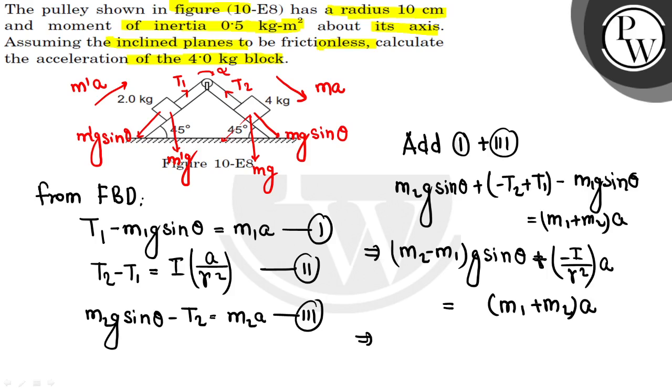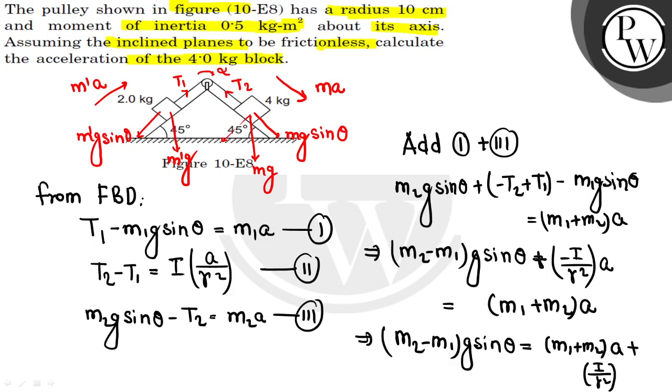Further solving, we can write that m2 minus m1 multiplied by g sin theta is equal to m1 plus m2 multiplied by a plus I divided by r square multiplied by a.